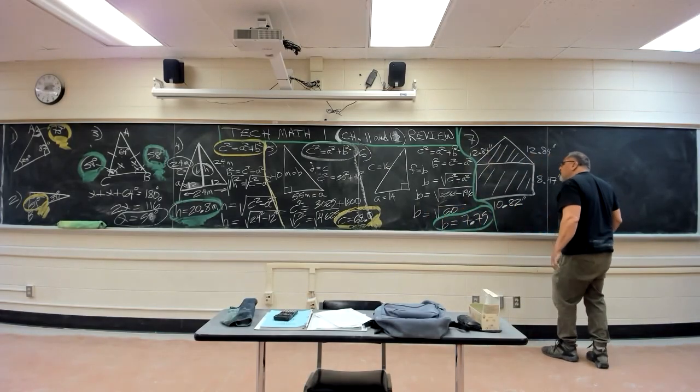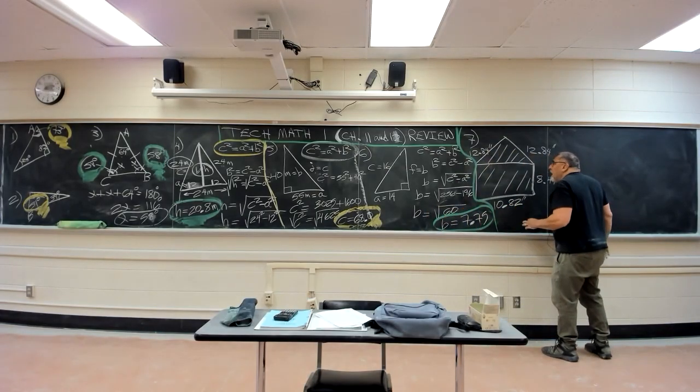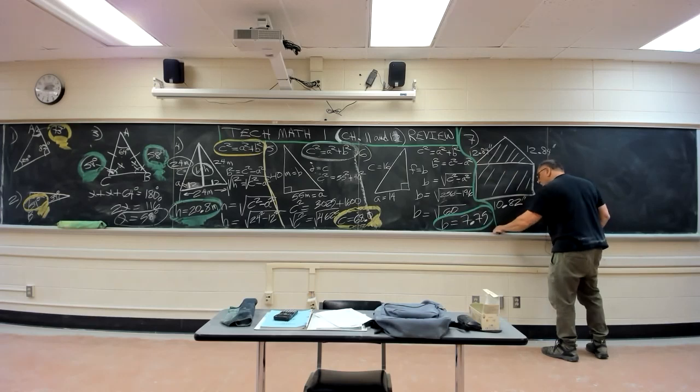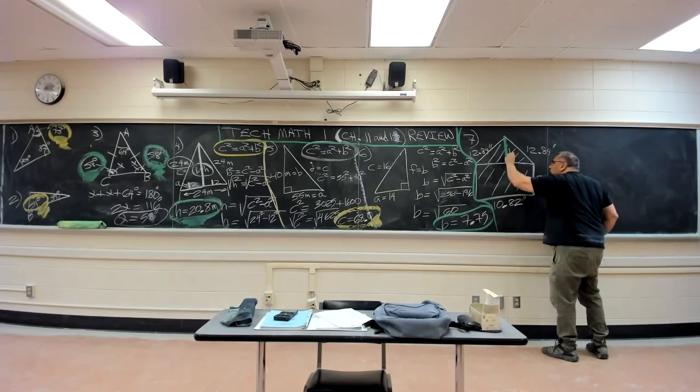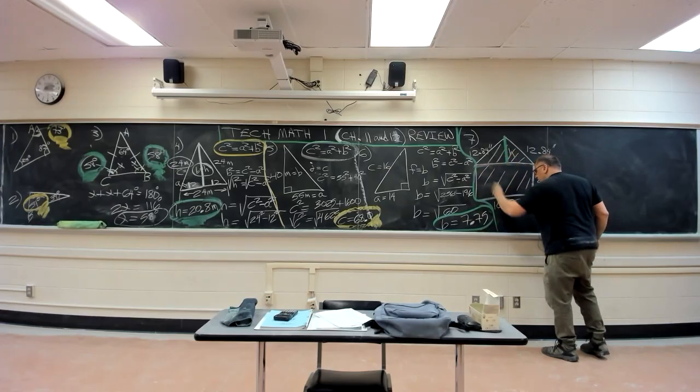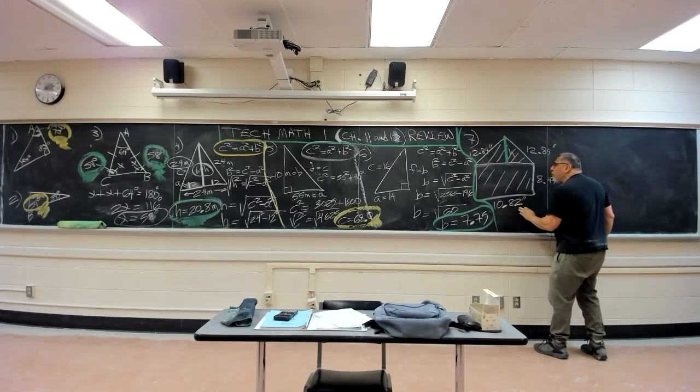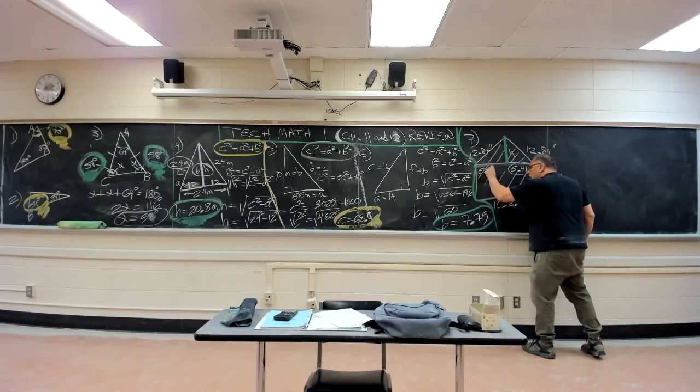Well, some things are easy, some things are hard. You got to find out how tall this thing is. When you find out how tall that is, you can multiply it by the base. The base is 10.82. Half of 10.82 is 5.41 here, and it's 5.41 here.